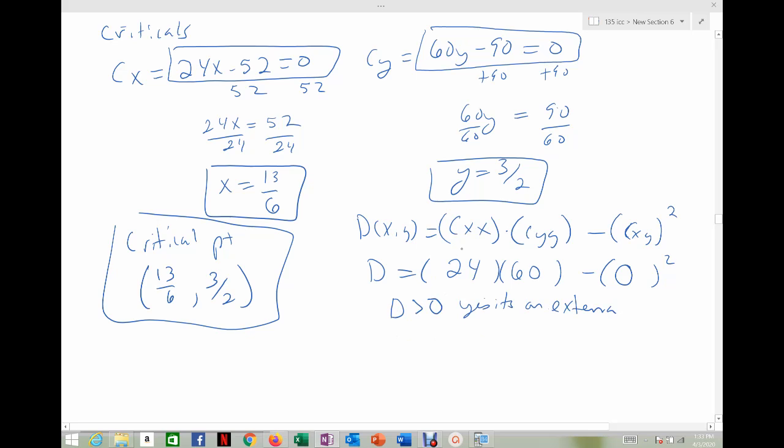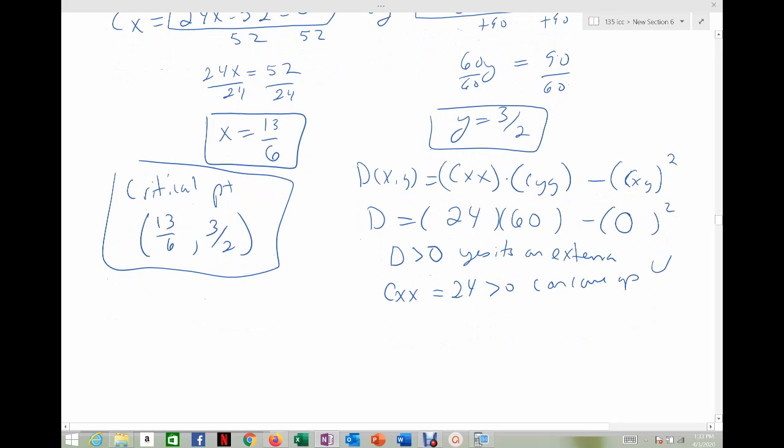Then I look at my second derivative with respect to x to see which one it is. The second derivative with respect to x was that 24. Well, it's also positive, which means it's concave up. And so that means this is a relative minimum at this point. Then to find what it is, I plug those values back into my original function.